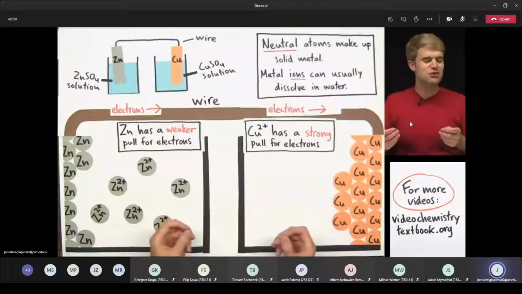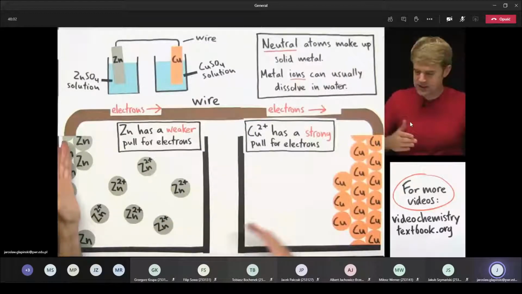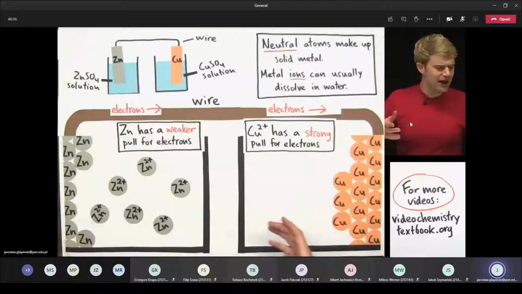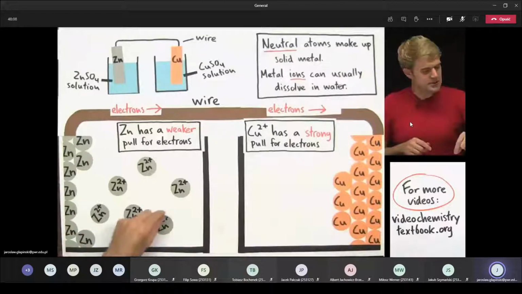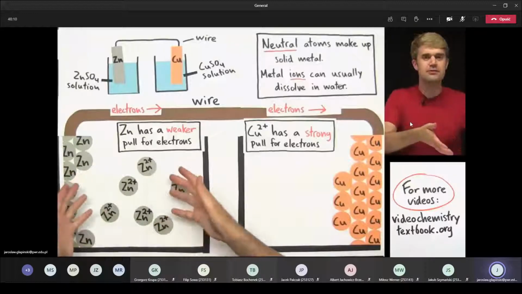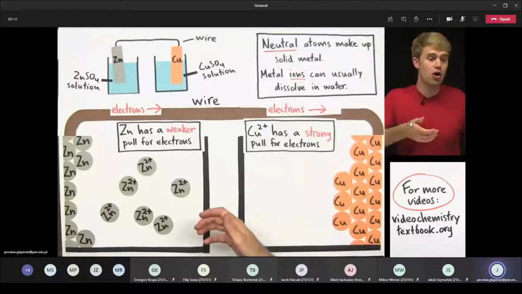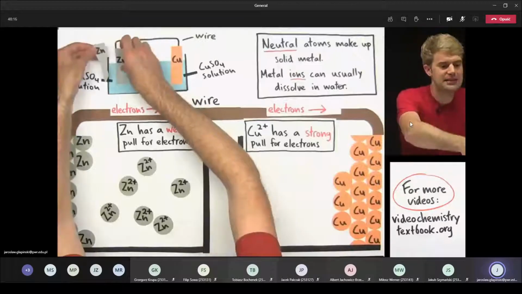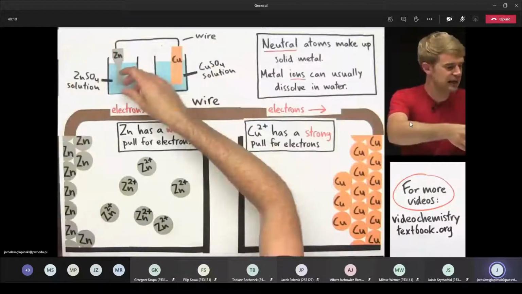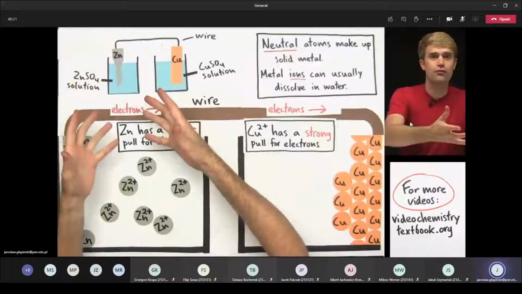And if this happens long enough, we actually see these 2 pieces of metal change, right? Like these zinc atoms keep coming off of this piece of zinc. So it's essentially dissolving. And over time, what we'll see is that this piece of zinc actually starts to dissolve. It gets smaller and smaller.